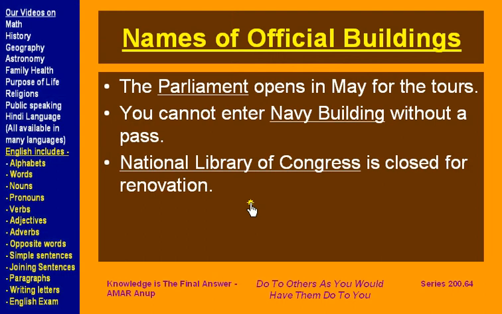Definitely 2 alphabet words like of, and, in, at are not capitalized. For 3 alphabet words there are different rules, but here we are talking about name of official buildings, and we see here that National Library of Congress is an official building, and N, L and C are capitalized in National, Library and Congress words that represent an official building.